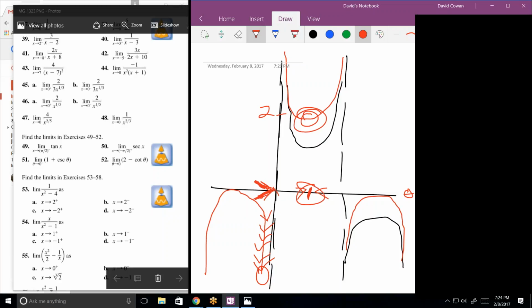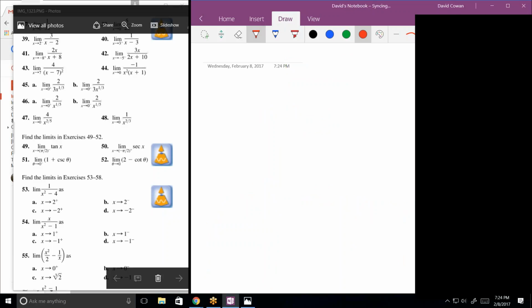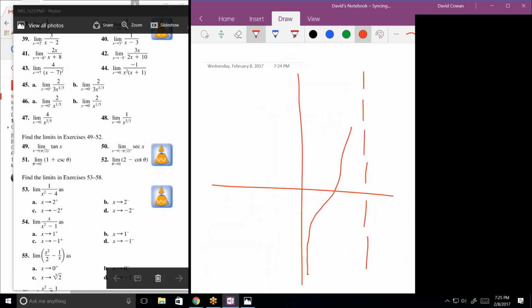Got it. Okay, 52. Well, cotangent goes between 0. Here's what the cotangent curve normally looks like. Or this is pi, and that's 0. Excuse me, that's not what it looks like. That's a tangent curve.